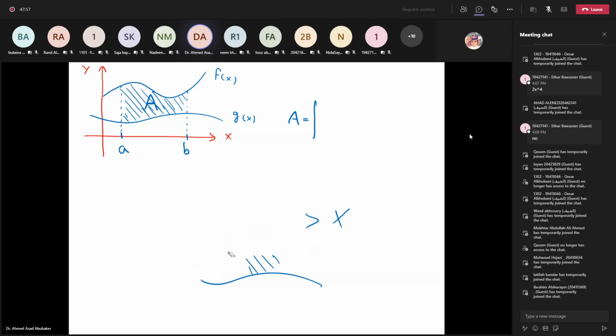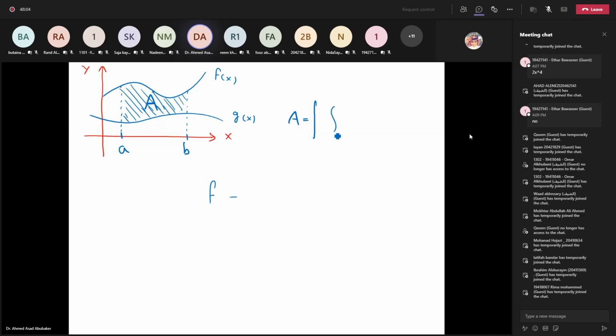Okay, and sometimes if we put f minus g, look at this, the area from A to B of f of x minus g of x dx, this is the area between f and g. If some student puts g minus f, for example, from A to B with absolute value, these are equal.